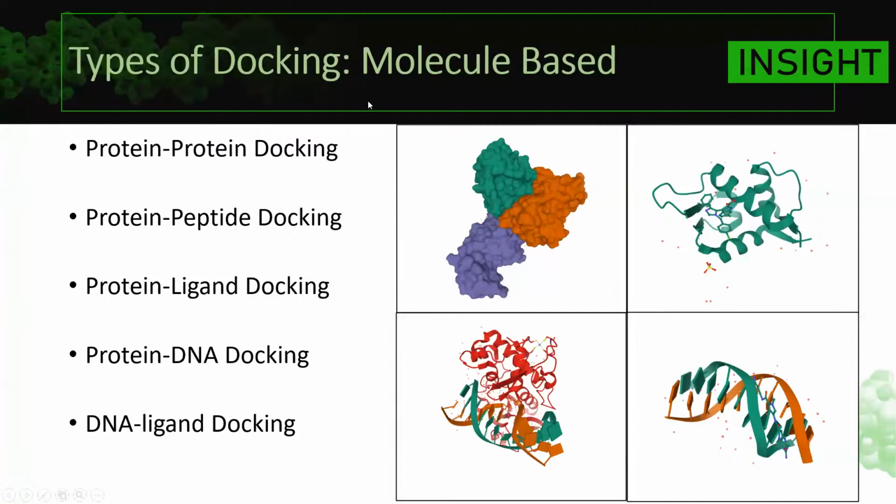If you want to understand the interaction between two different proteins, you can perform protein-protein docking. In this, the protein molecules are very big in size, huge, because these kinds of interactions are very important in the formation of different protein complexes in many chemical reactions, where one protein interacts with another protein, giving rise to the next cascade reaction or activating a cascade reaction.